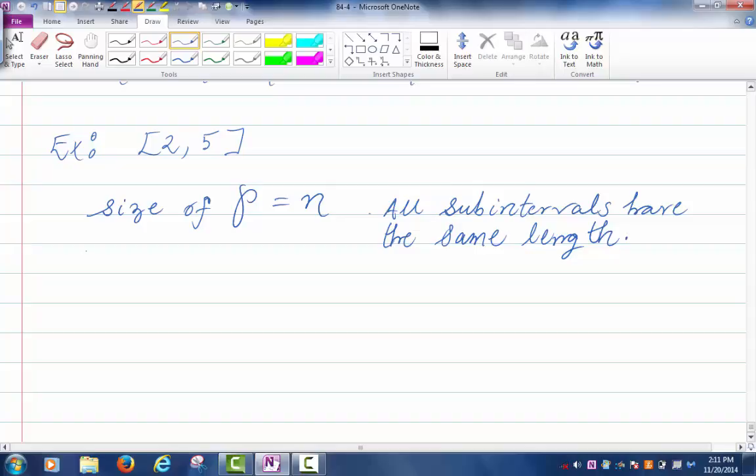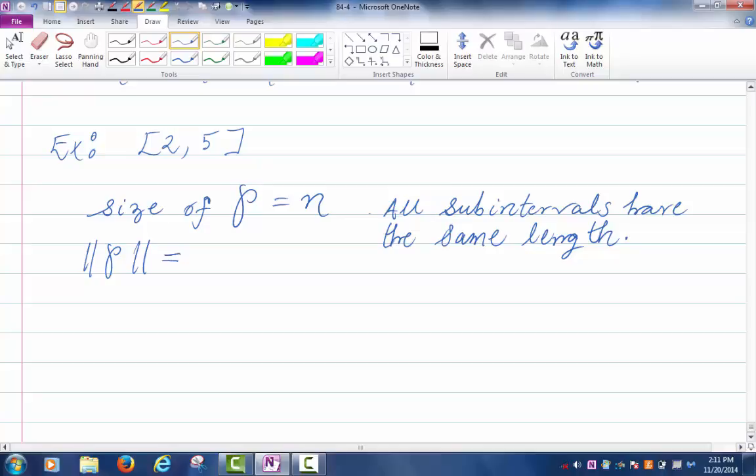What's the mesh? What would be the mesh in this case? I am dividing the interval from 2 to 5 into n subintervals having the same length, right? So what's the length of each subinterval?